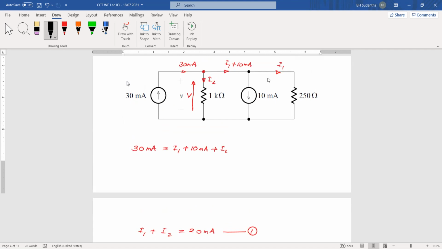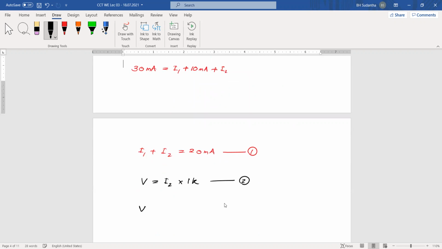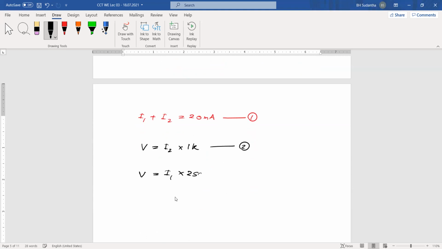And again, we can write another equation, because here also the voltage across this resistor is V. Then we can write another equation for V considering this 250 ohm resistor. V equals I1 times 250 ohms. And this is the third equation.